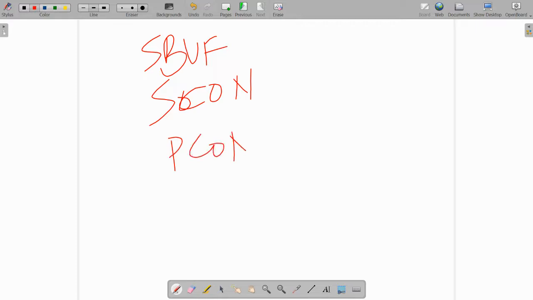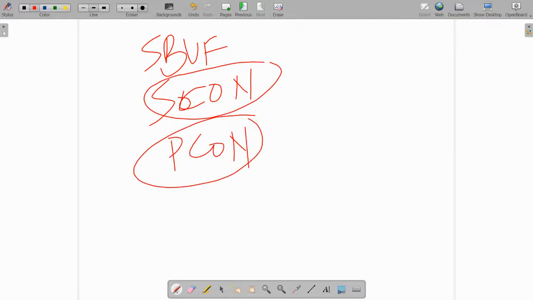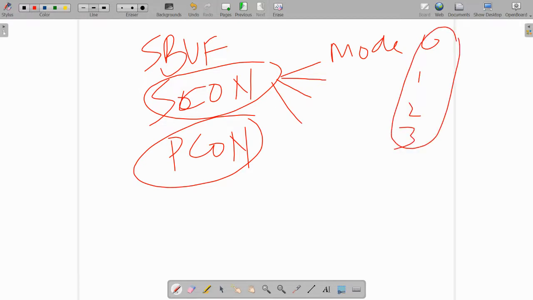In the SCON register, we have seen different four modes: mode 0, mode 1, mode 2, and mode 3. And we have to see the baud rates associated with mod 1 and mod 3, because they are set by timer 1. So this thing I will take afterwards. Is it clear to everyone now?